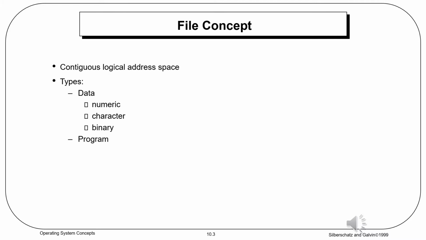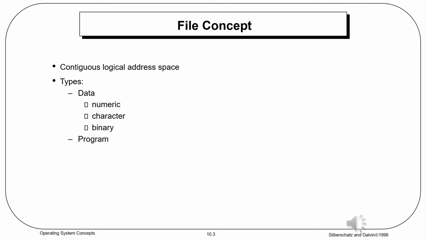That is, data cannot be written to secondary storage unless they are within a file. We cannot directly write data onto the secondary storage. Only through a file can we store the data into the secondary storage.